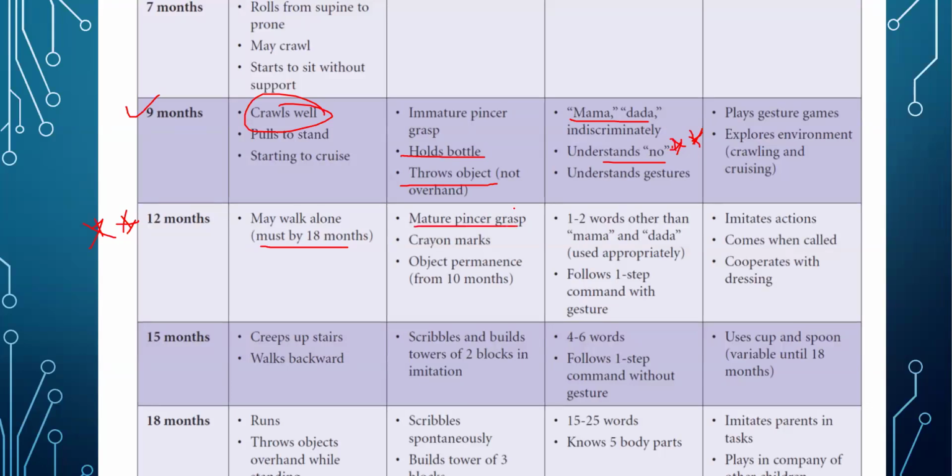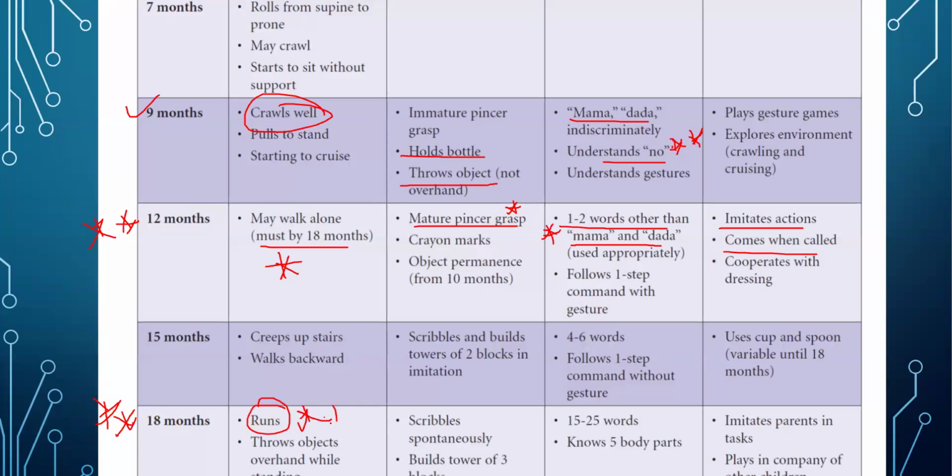And they start to have the mature pincer grasp. Pincer grasp means they can hold something using the thumb and index finger. They can also say 1 or 2 more words other than mama, dada. So that's important. And they can imitate action. They can come when you call them. Okay. 18 months, very important.